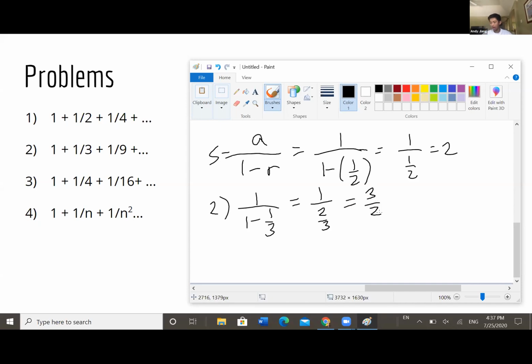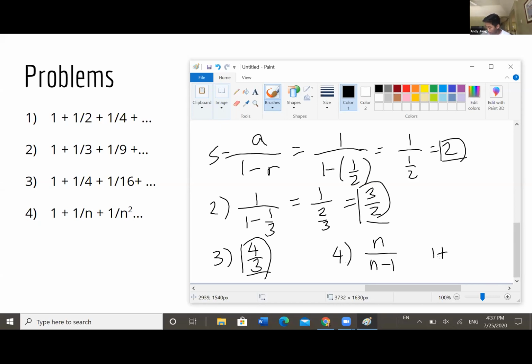So that becomes 3/2. Number 3 is 4/3 if I do it out. And then 4, which is pretty important. This is just n over n minus 1, or I can write it as 1 plus 1 over n minus 1.